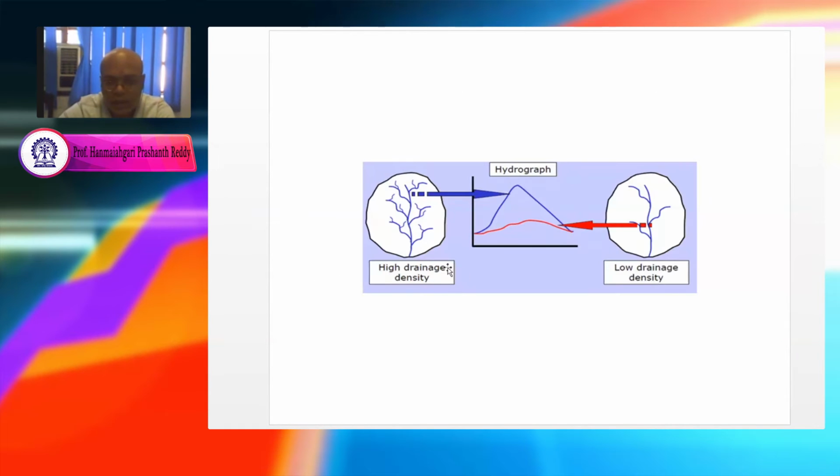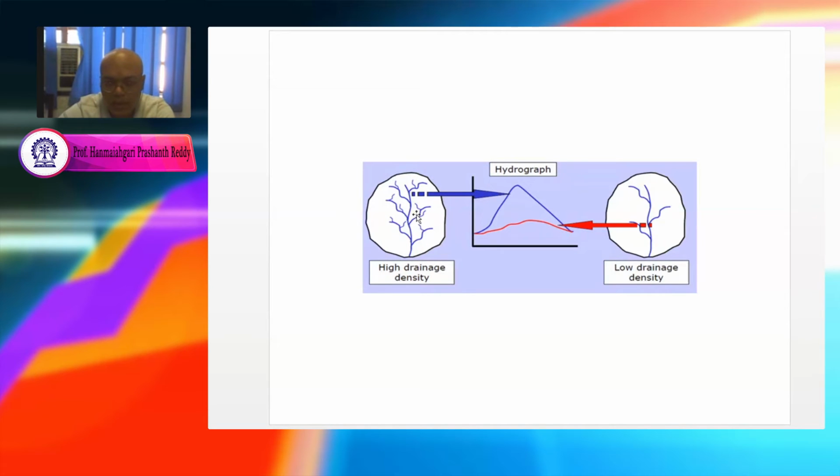Look at the figure here. There are two basins or watersheds. The first basin has a quite high density of drainage network. In the second watershed, the drainage network has lesser density.